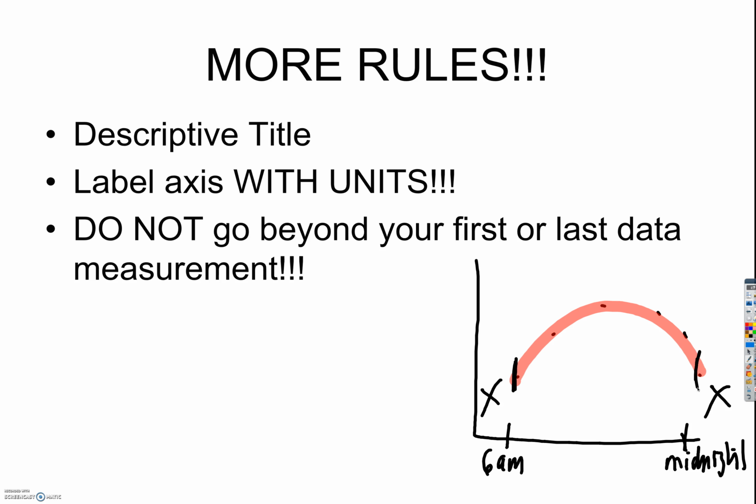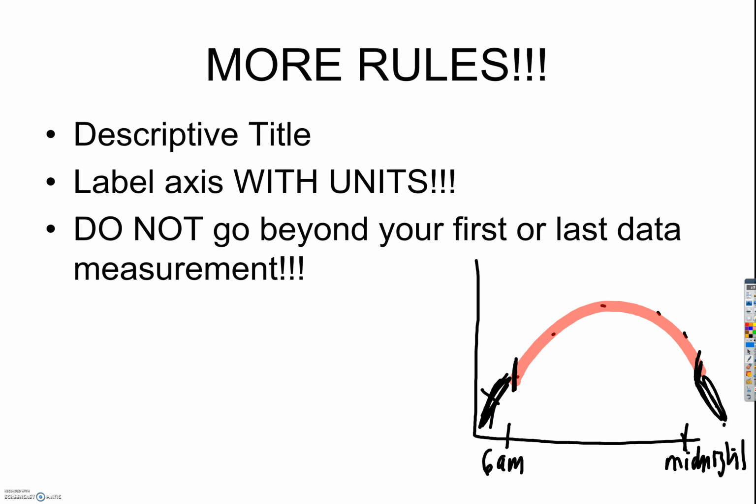What you are allowed to do, if you want to continue a line and show what you think the trend would be, is make it a dotted line. Dotted line automatically means prediction. It's saying this is where the last data point I have is, but I predict that this is what would happen afterwards. So be really careful. That may be a point that some people missed on the pretest. We'll go over it in a few minutes.